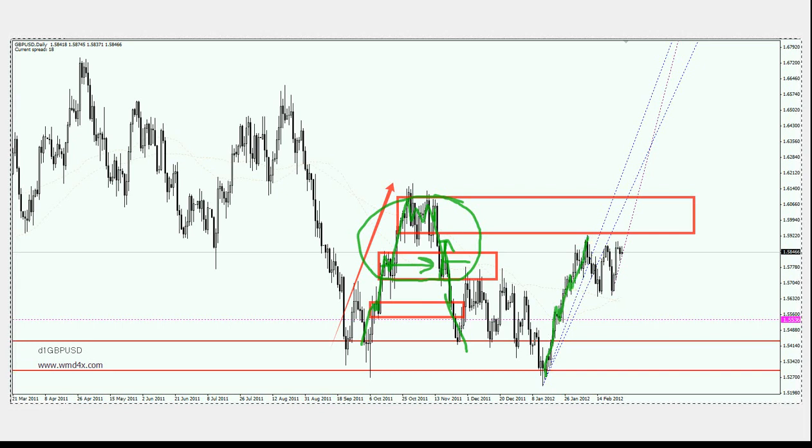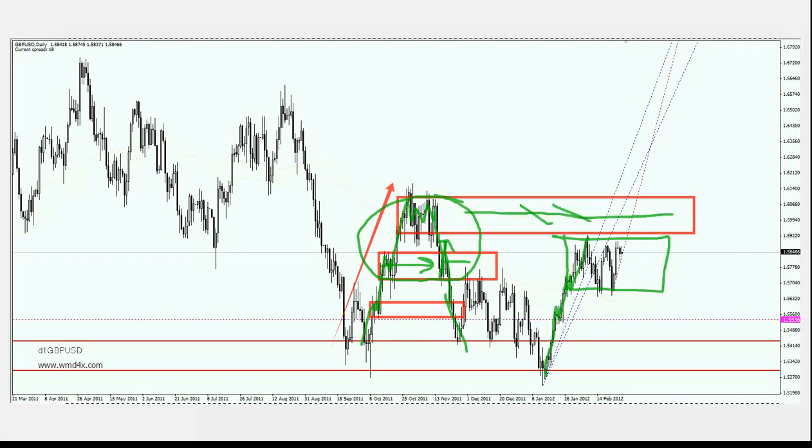In a grand structure, we may have a big old consolidation going on here, and what's interesting to note is where this consolidation is taking place, right? And this is something which has been kind of playing on my mind, trying to work out the net directional bias in cable, right? So we've got a consolidation taking place just before a previous block, right? Which I find very, very interesting, right?